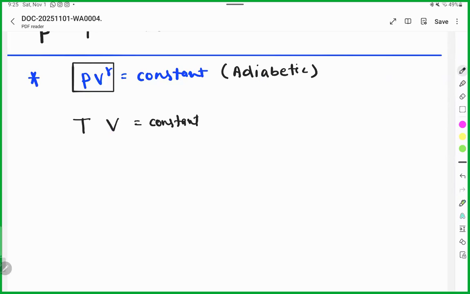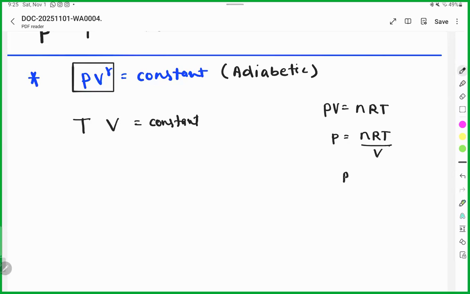How to calculate? V is same. You have to convert P into T. How to do this? PV is equal to nRT. So instead of P you can write nRT by V. Number of moles are constant. R is also constant.